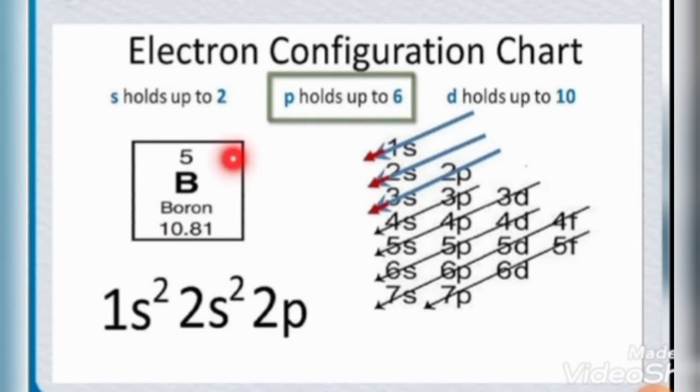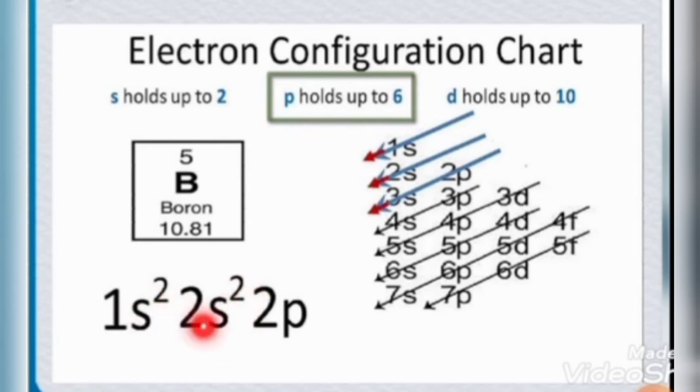Now the second example is boron. Boron has atomic number 5. Atomic number 5 means 5 protons, and 5 protons means 5 electrons. So in short, boron contains 5 electrons in its shell. So how can we write the electronic configuration? 1s2, 2s2.